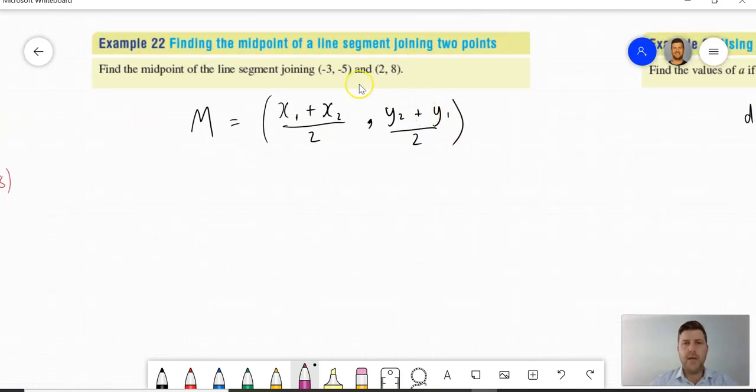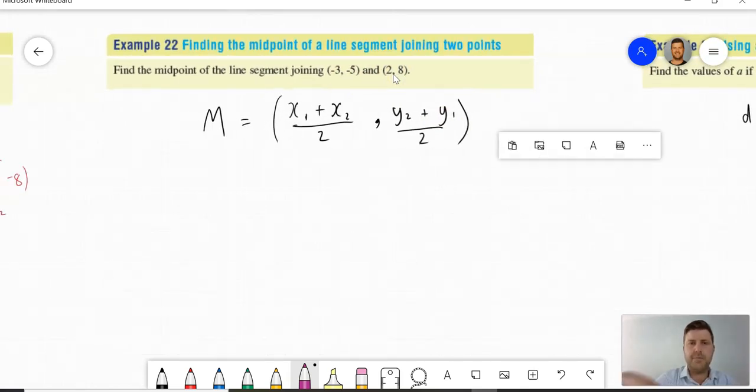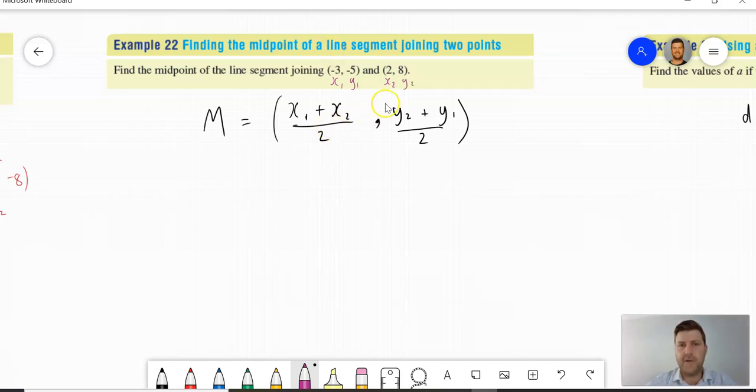So again, you'll get 2 sets of coordinates. Just label those again, x1, y1, x2, and y2, and just substitute those values again into the formula.